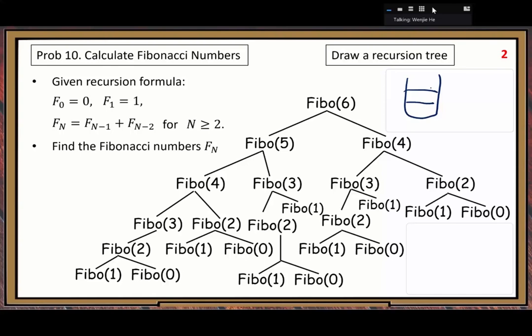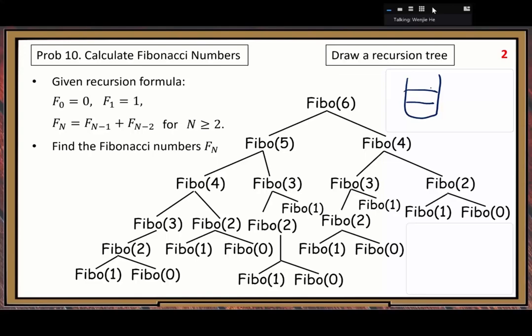From this recursion tree, do you see any special property? In order to calculate this small Fibonacci number, you need to do this much work. What's the problem here? Can you see something special?